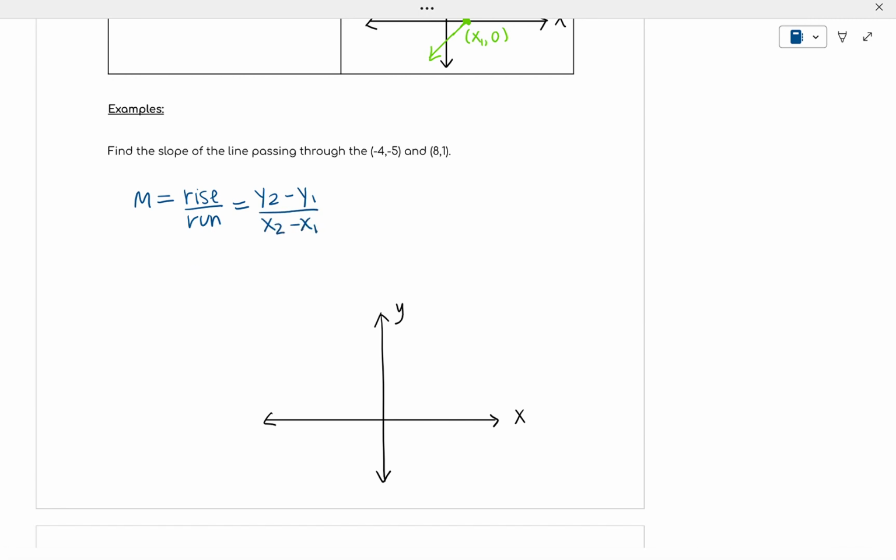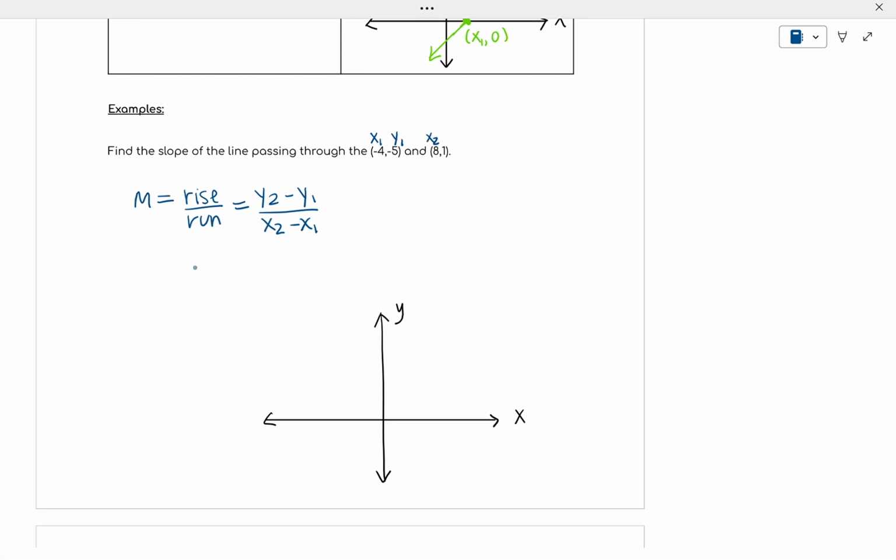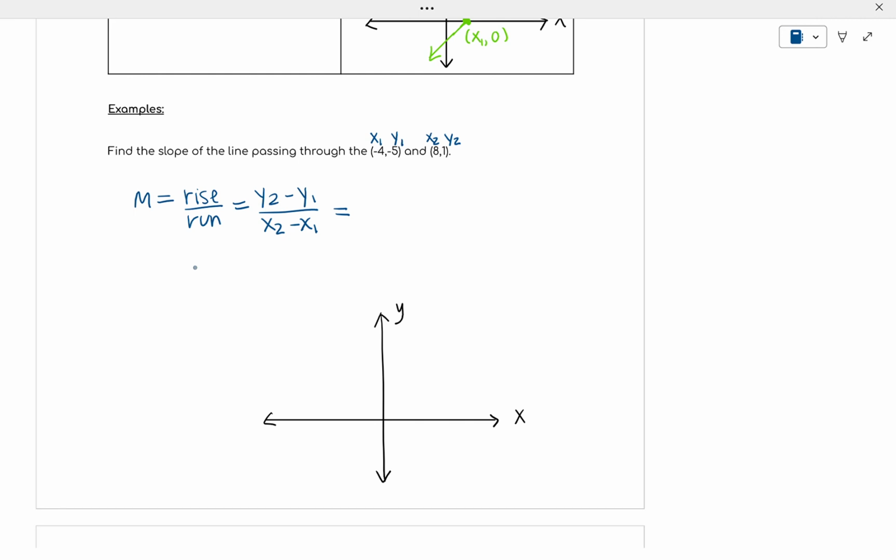And so what is x1, x2, y1, and y2? So here we have x1, y1, x2, y2. Let's just substitute these values into the corresponding place in the slope equation.